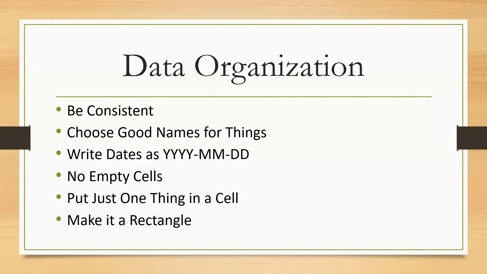If it is text here, the other side should be text as well. Consistency equally means if I'm using sentence case, it should be sentence case throughout. Not that some place is sentence case, another place is small letters, another place is capital letters. No, it should be uniform.